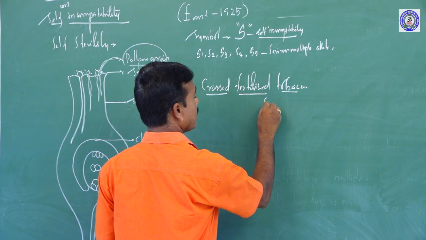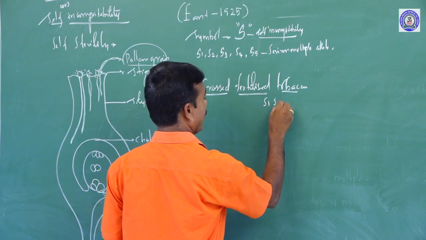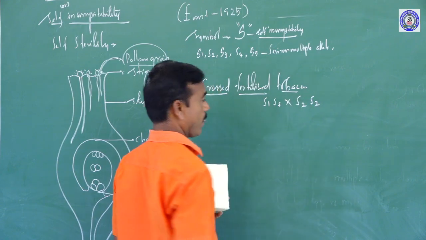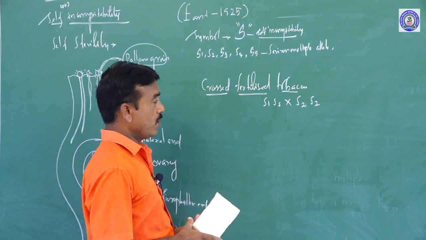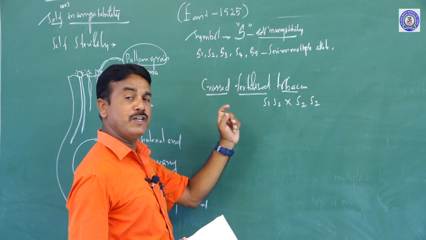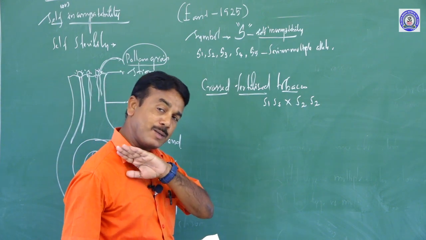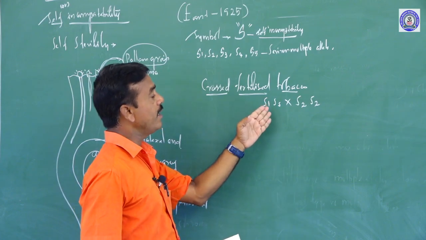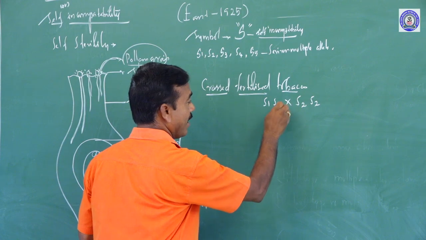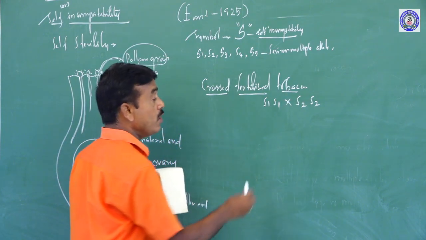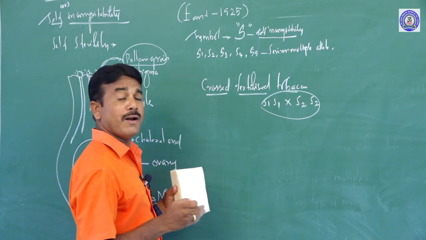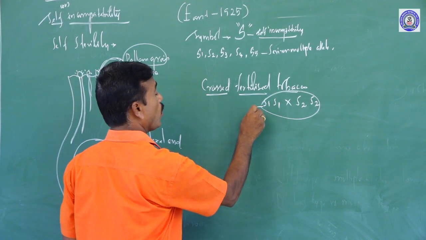What is homozygous? S1 crossed with S2. So if cross-fertilized tobacco is made, it is not possible to cross S1 with S1, and S1 crossed with S2 means you cannot make homozygous.